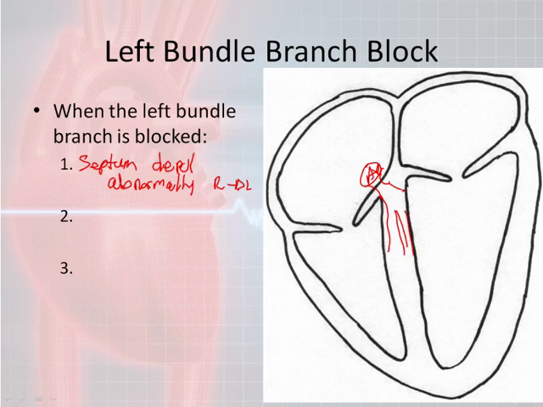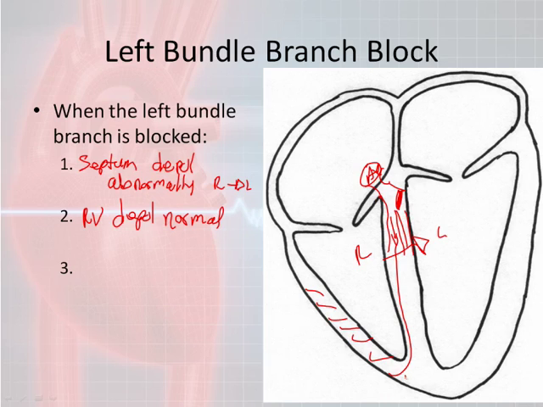So since the left bundle branch is blocked up here, the signal is going to travel down the right side, and it's going to depolarize the interventricular septum from right to left, from the right side to the left side. Now that's important because it's going to eliminate that cute petite little Q wave that we talked about before. So the signal will continue to propagate down the right bundle branch and into the Purkinje network on the right side.